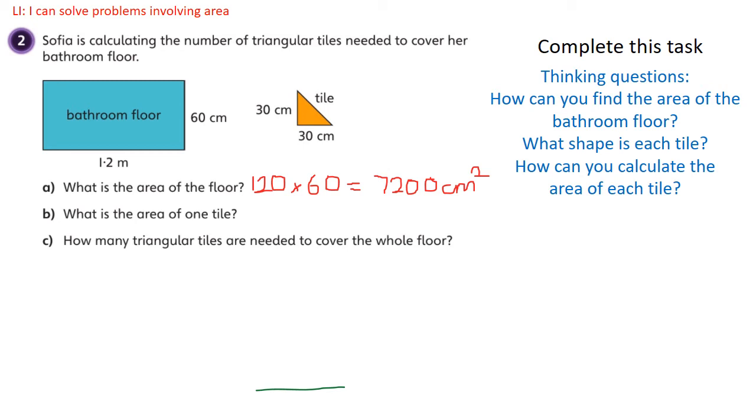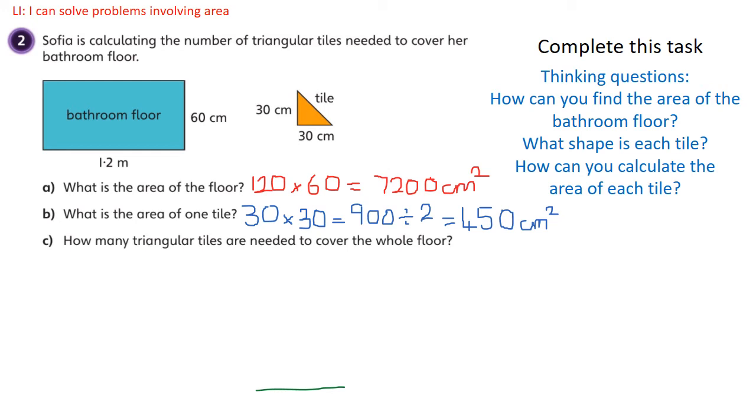So this is where we use our standard formula, base times height divided by 2. So we've got 30 times 30, which is going to be 900. I did 3 times 3 and then times that by 10 and times it by 10 again. We then divided that by 2, which gives us 450 centimetre squared.